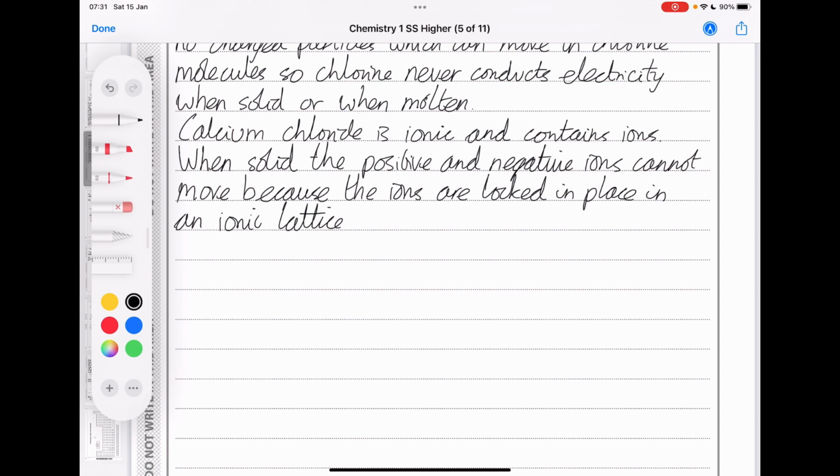And that is the bit where they're held in place by the strong electrostatic attractions or ionic bonds we talked about for the melting point.